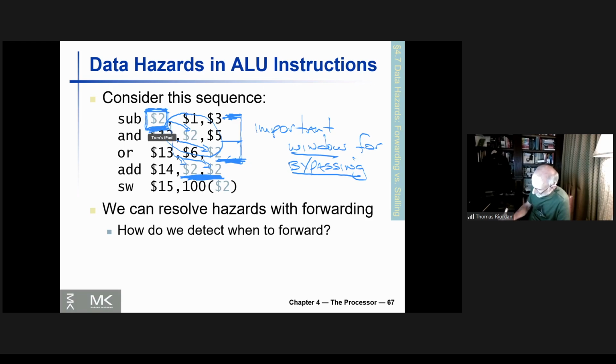Destination is here on the left. We'll note one subtlety in just a second, but in general, the destination is here. And so you look at a destination and then you look at the next 2 instructions down and you see if you find that number. And if you do, you know that there's a bypass required. And if you get down to here and you see it again, you know you're not going to need to do a bypass because it'll be read out of the register file. And here as well, this will be read out of the register file.